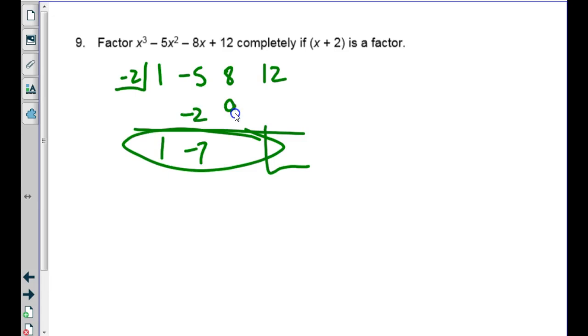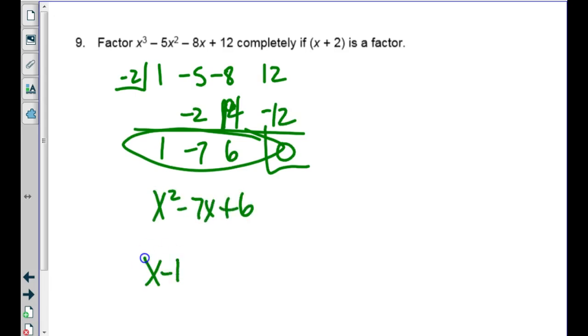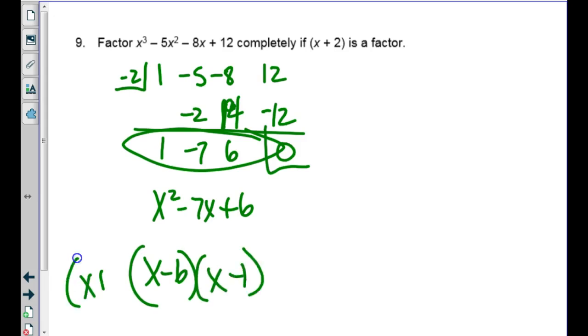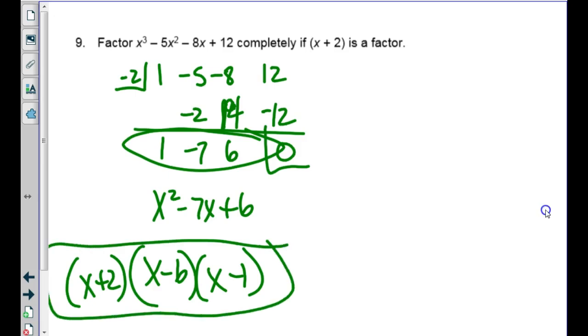Okay, let me try this again. Bring down, multiply, add, multiply, add, multiply, add. Okay, so what's left is x squared minus 7x plus 6, which will factor x minus 6, x minus 1, and we had an x plus 2 that we started with. Okay? Any questions on that one?